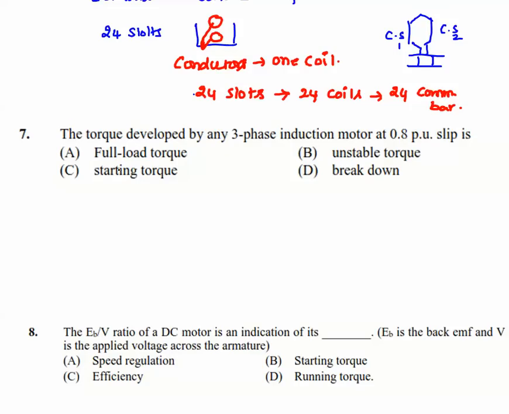Now the next question, the torque developed by any three-phase induction motor at 0.8 per unit slip is. In the given question, the slip is given as 0.8 per unit.